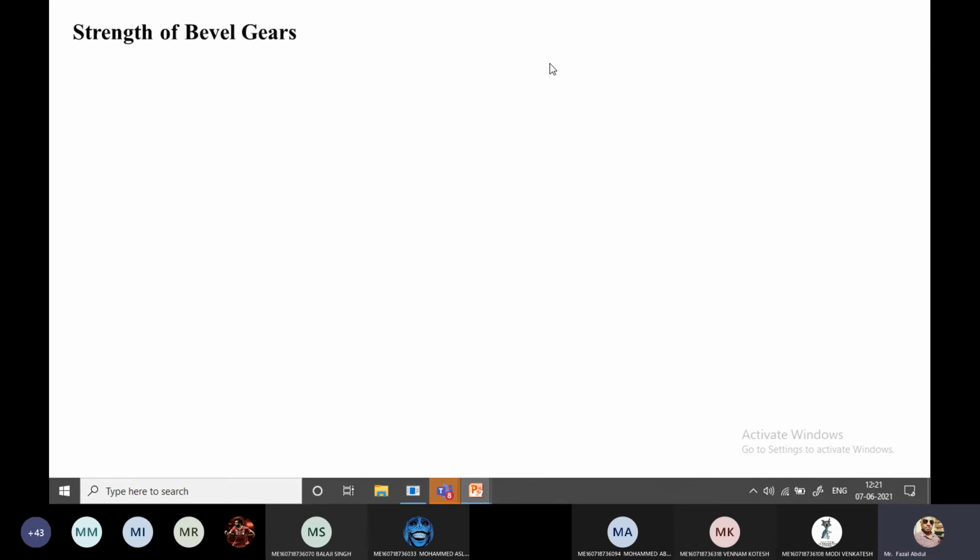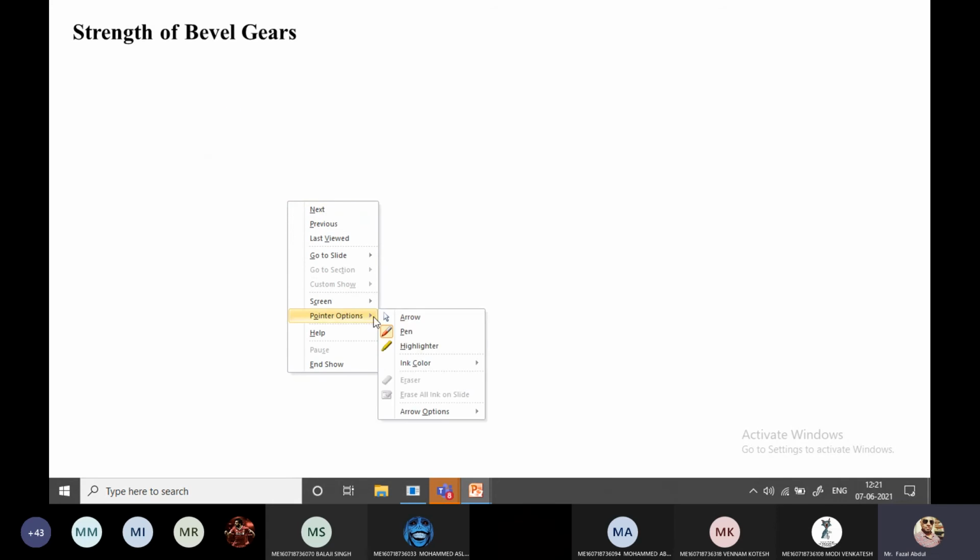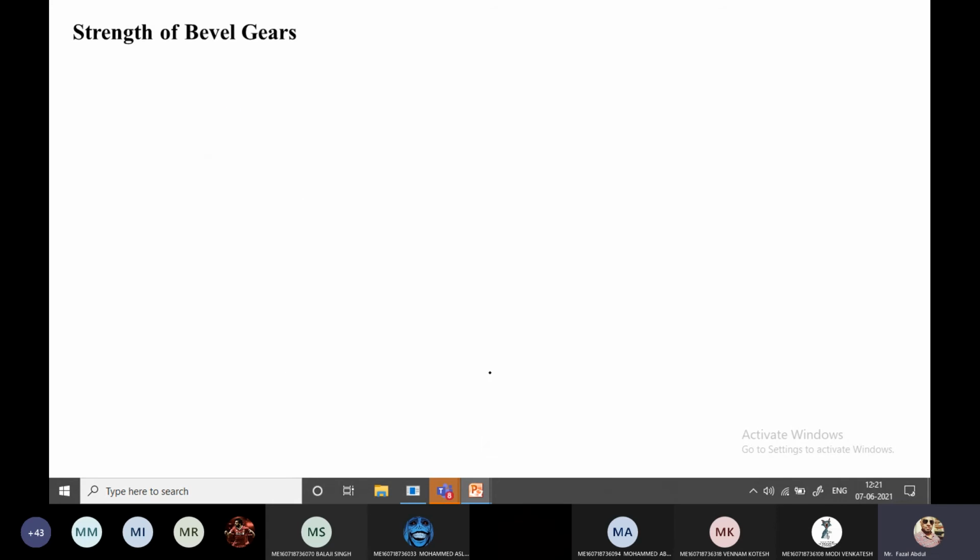And strength of the bevel gear. Strength of the bevel gear is nothing but what we are designing here. We will see how we design based on this equation. The equations are the same but with slight changes. First one is Levy's equation, the tangential load acting on the gear. Utilizing Levy's equation, we write: WT equal permissible working stress into B into PC into Y dash into (L minus B) by L. This is the additional term we are writing here.